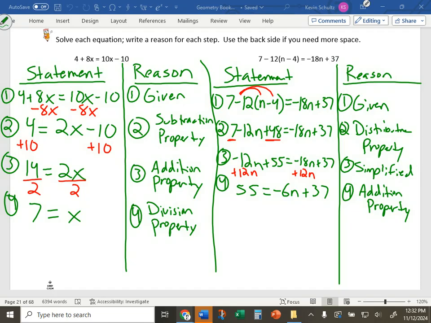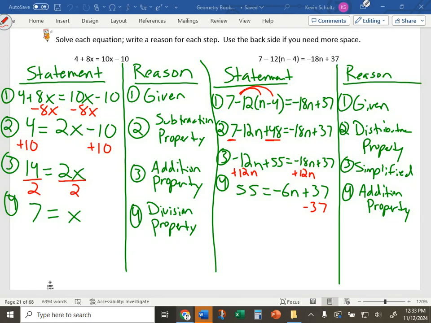Questions? No? Okay. What would our next step be? In red, 37 for the algebra people. Addition property again, right? Wait, my bad. Subtraction. What are we subtracting? 37.